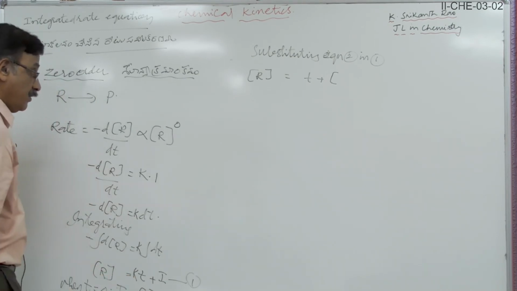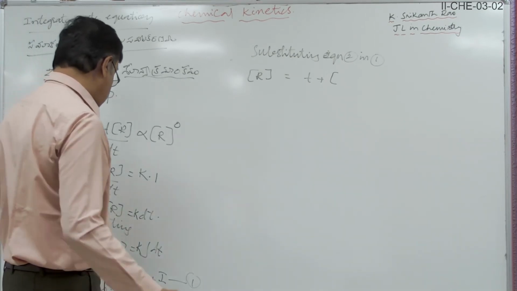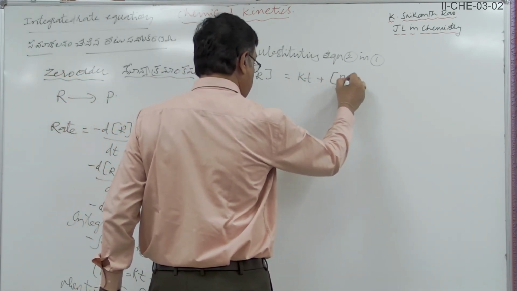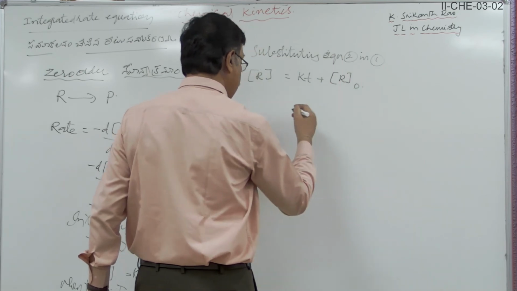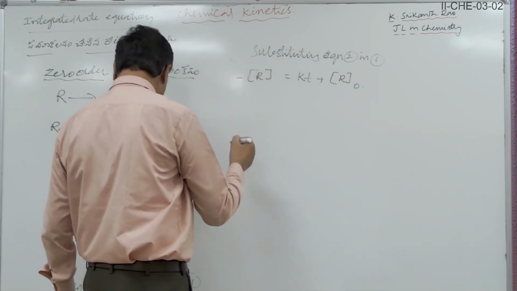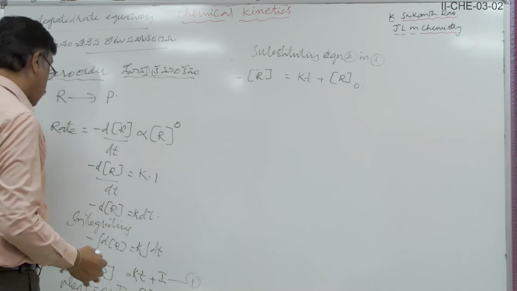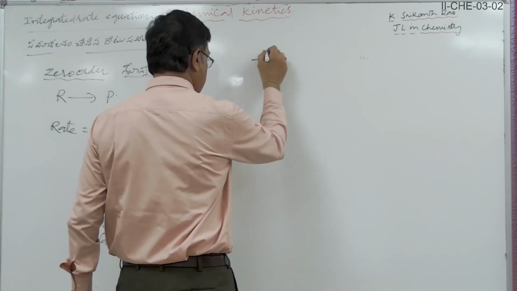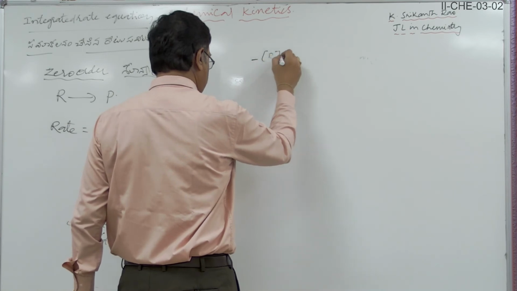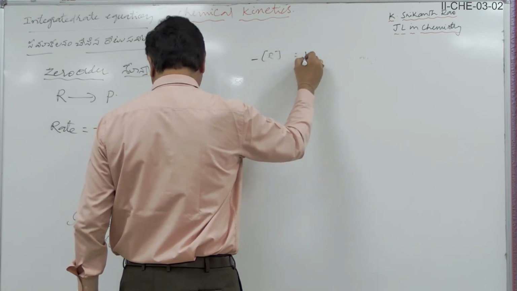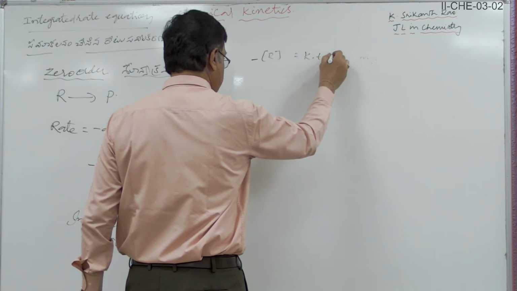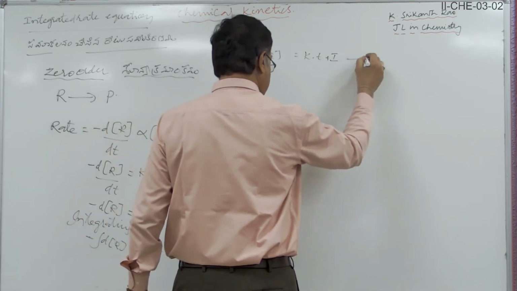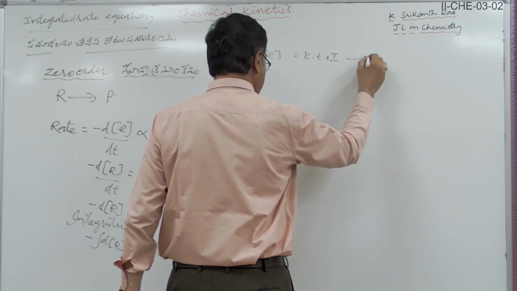So substitute చేస్తే kt plus R naught, right? Here minus R is there, right? Minus R equal to k into t plus I, right? So this is equation 1.